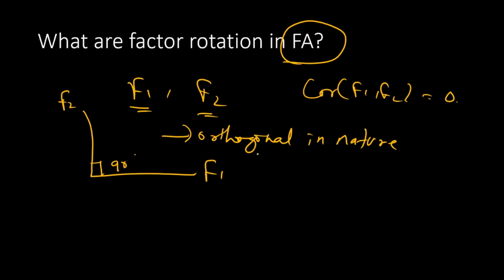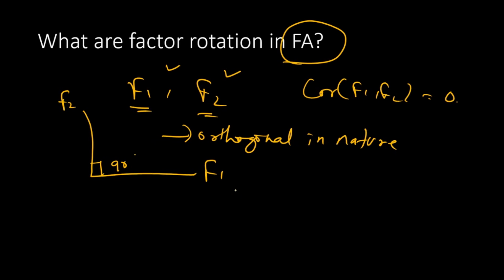Many times this is a requirement, right? These factors will be used as independent variables in the models, and you know that if the independent variables are totally uncorrelated, it's good for the model, right? Hence, in that case, you will be using the orthogonal rotation of the factors.